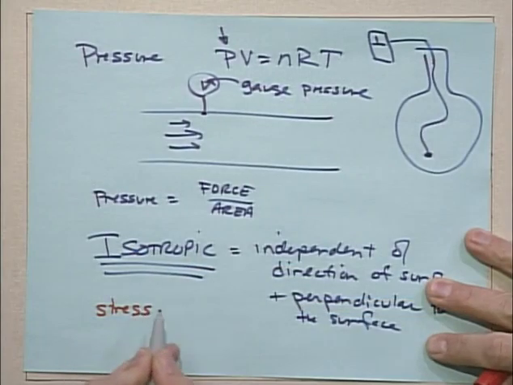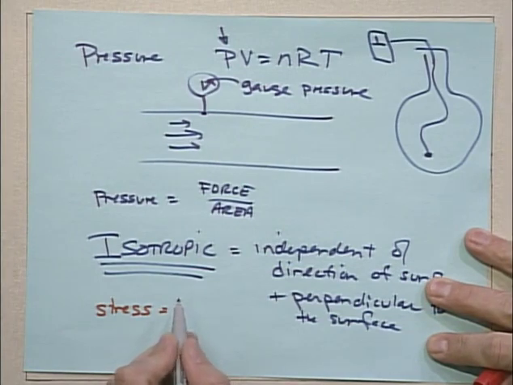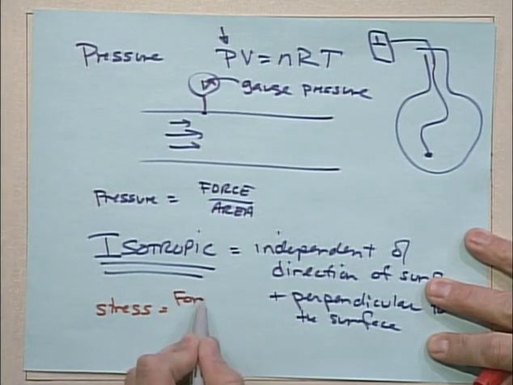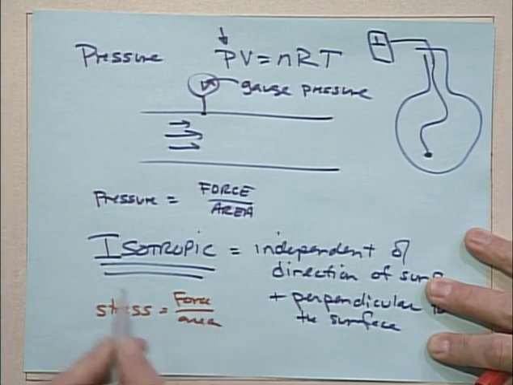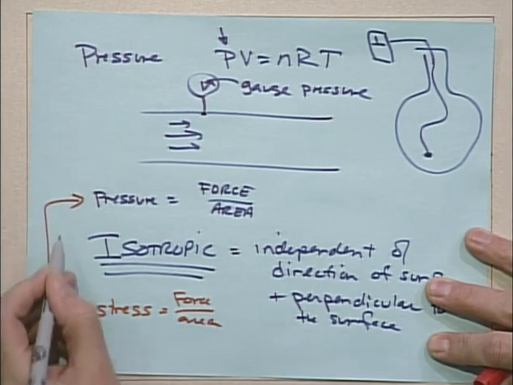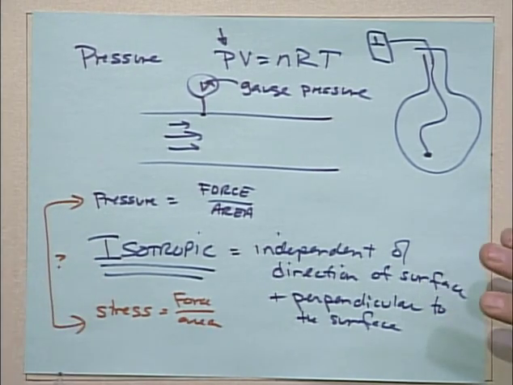So I don't know if you noticed when you first heard the term stress that it was also defined as force per unit area. Okay, it's also force per area. And I don't know if it ever struck you that why do we need a new word for force per area? Because we define pressure as force per area. And you're starting to find out why we need a different term for it.